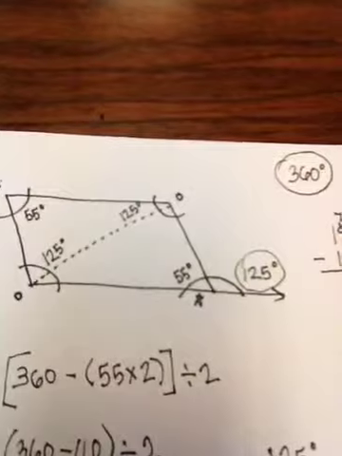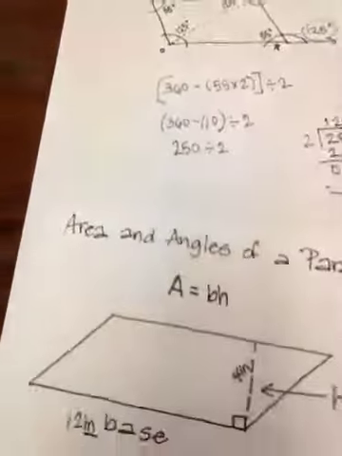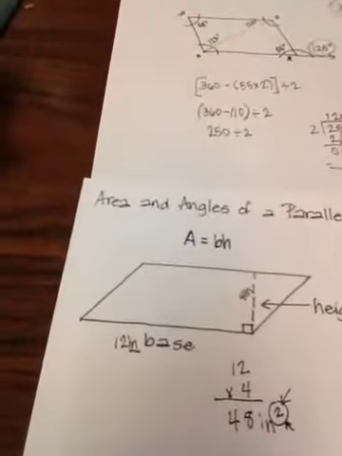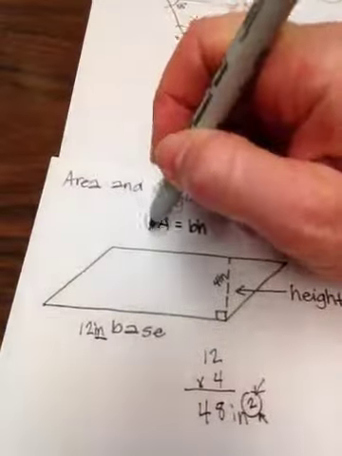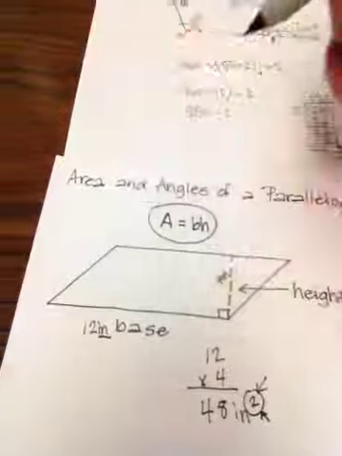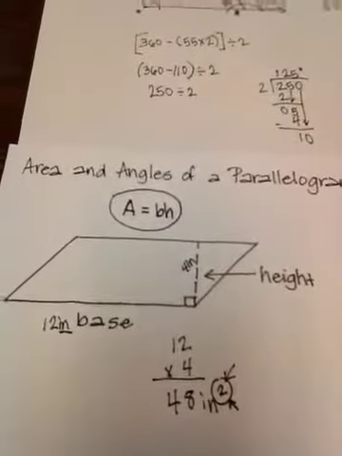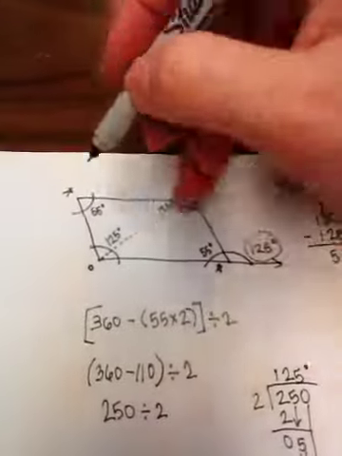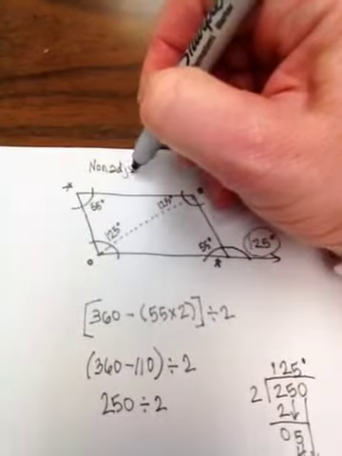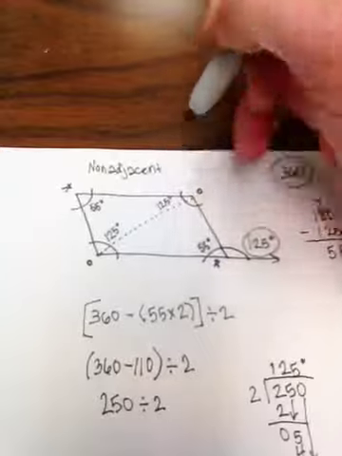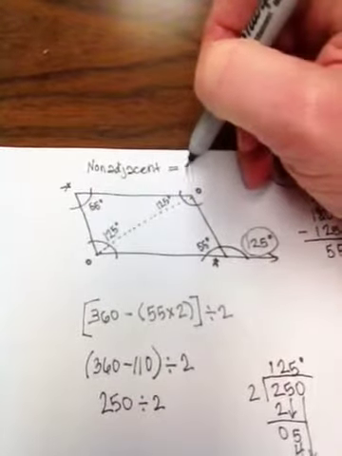So, once again, what did we learn? We learned area is simply base times height, right here. Base times height. Remember that. Angles, if they are non-adjacent, they will be equal measures.